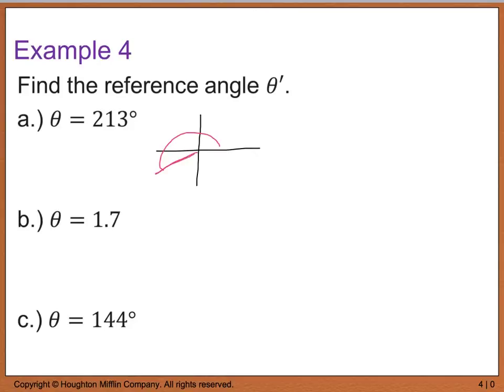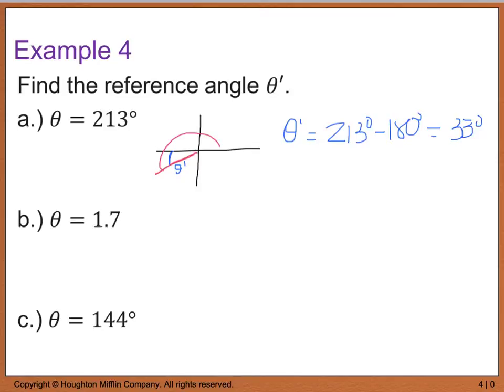So my theta prime value is going to be this right here. So theta prime is going to equal 213 degrees minus 180 degrees, which gives me 33 degrees.